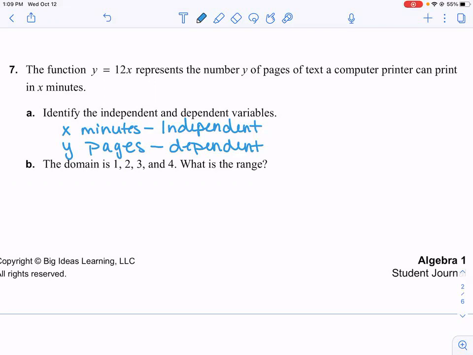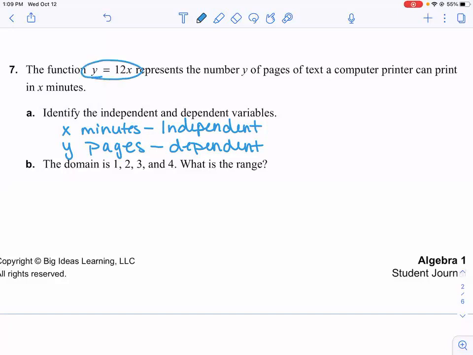Now let's interpret what we know just as a baseline about domain and range. I told you that domain was like our inputs and range was our outputs. So if I'm telling you that these are the 4 inputs, how do we get the outputs? Well, here is our relation right here. Here's our function.